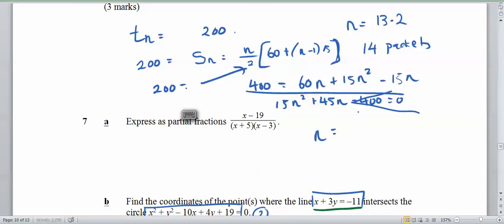N is equal to minus b, which is minus 45, plus or minus the square root of b squared minus 4ac, 45 squared. Probably should have taken out 5 as a common factor. Probably would have made it a bit easier for me. Anyway, that's 6,000 minus 4 times that.